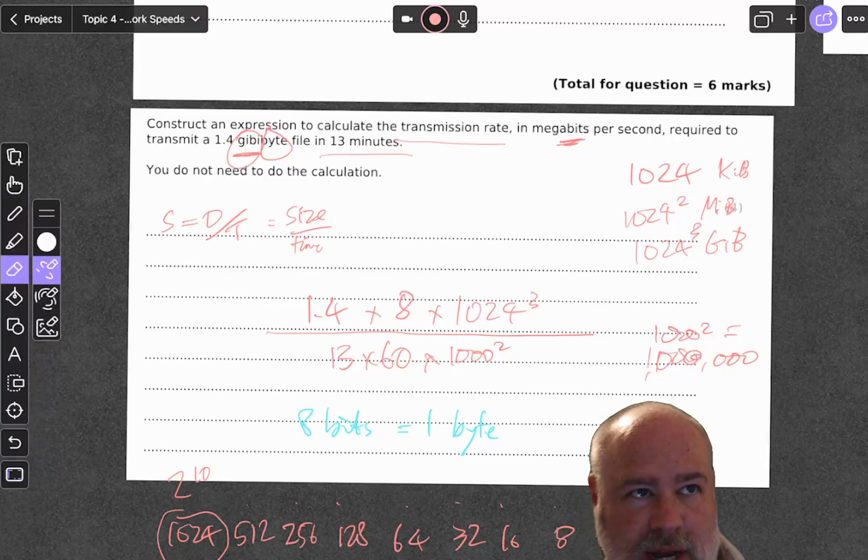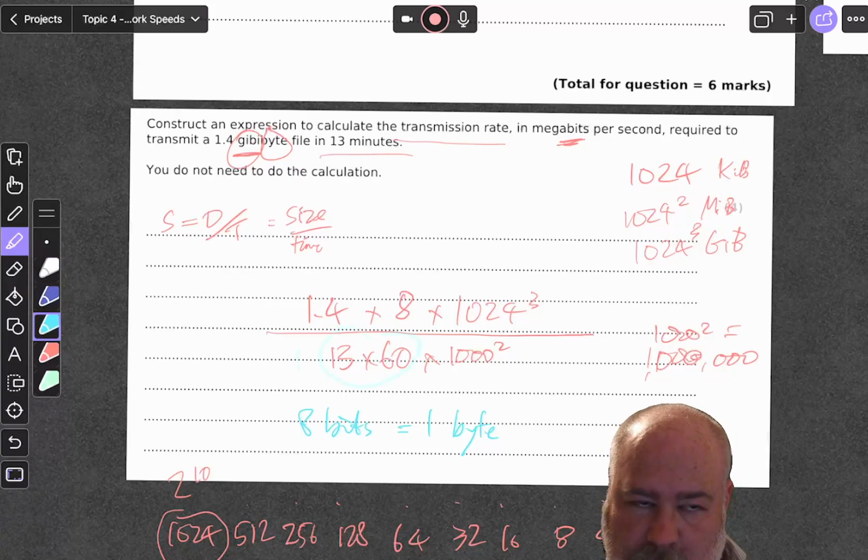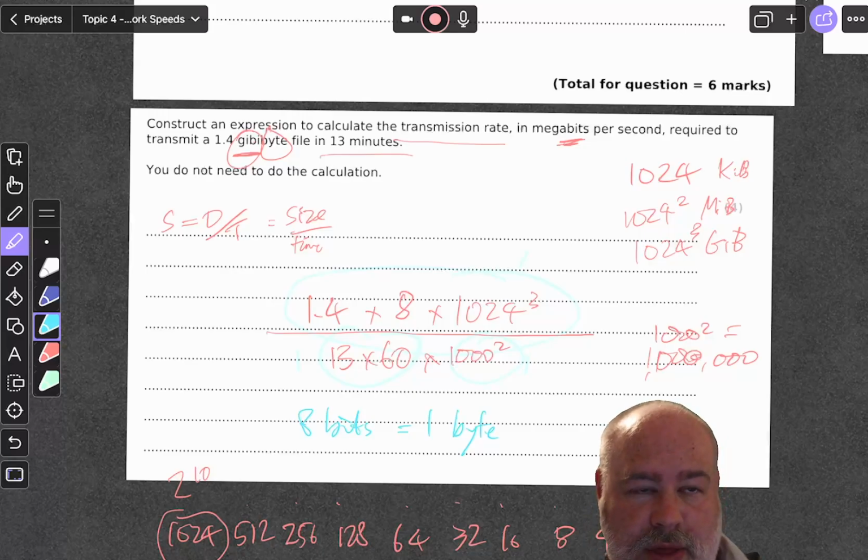So we've got at least a mark for this bit, a mark for this, and this whole bit will be a mark. That will give us our 3 marks, and if the whole thing is correct, it's our 4th mark.